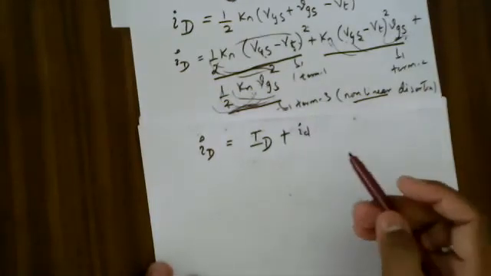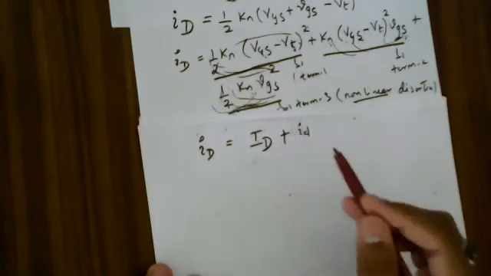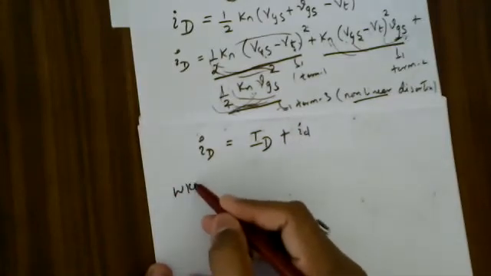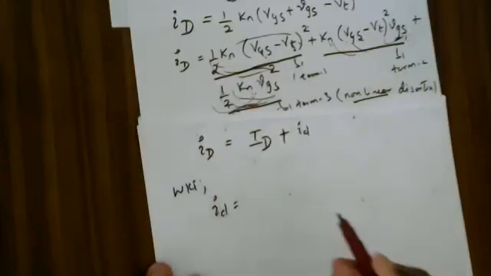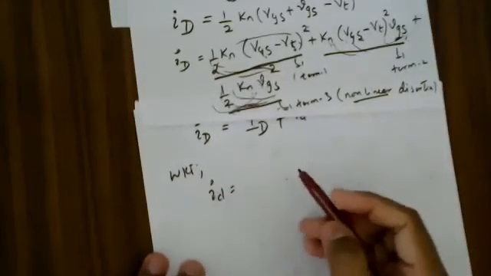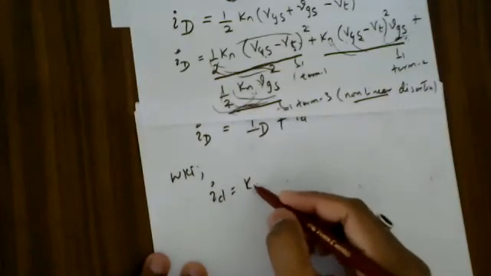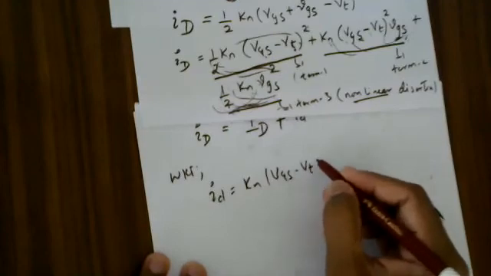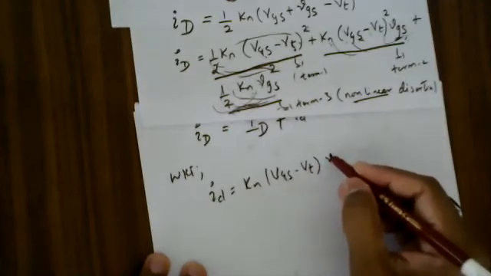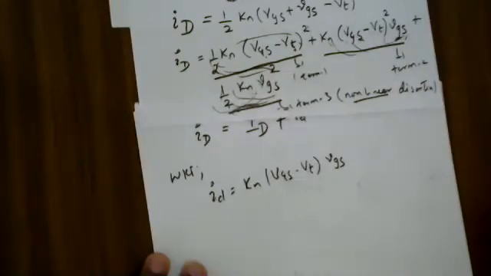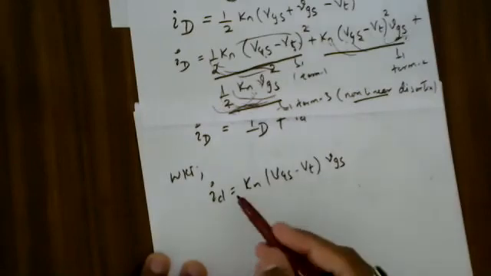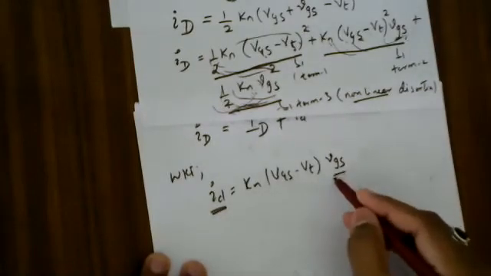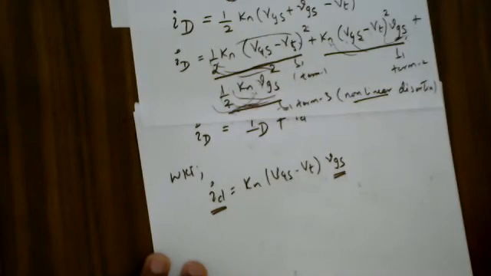Okay, now I internally know that my small id is nothing but Kn into VGS minus VT into vgs. Now this id and vgs relate to the MOSFET's transconductance.